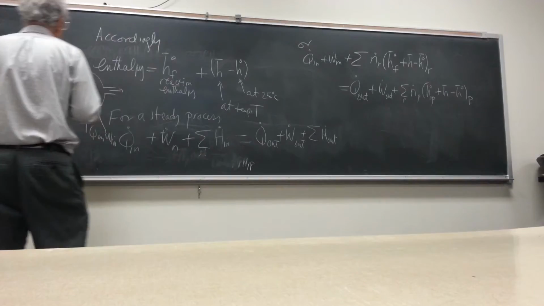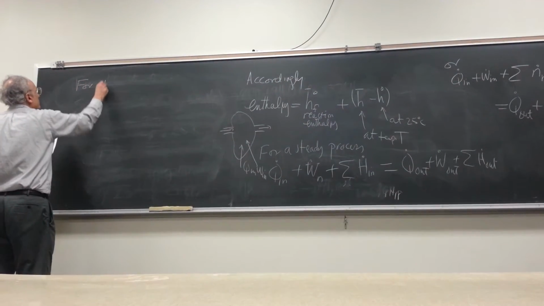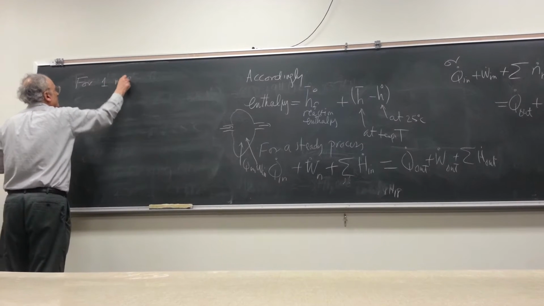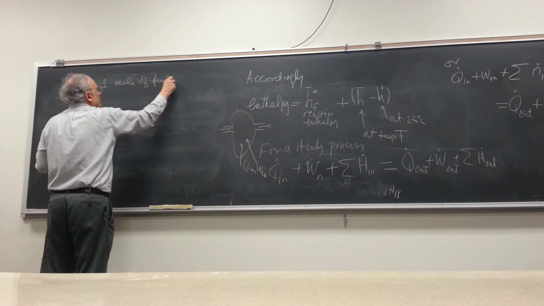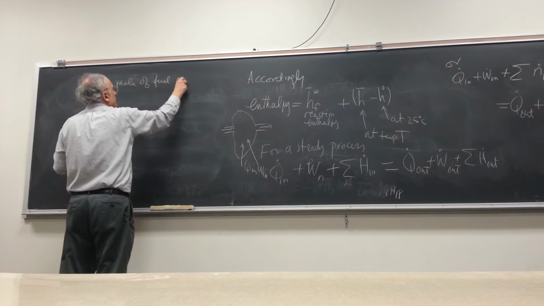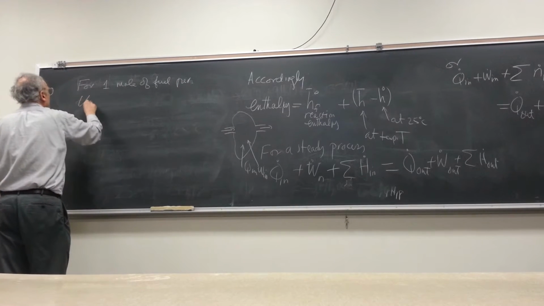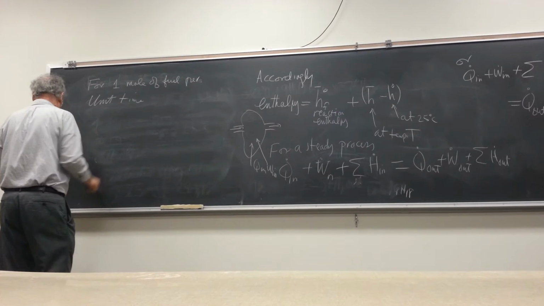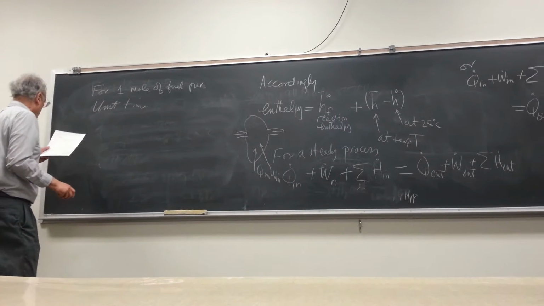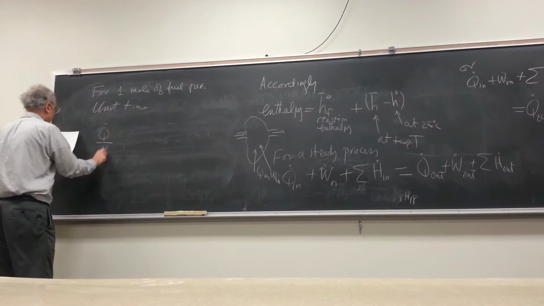For 1 mole of fuel, you can write it like this, per unit time. All we have to do is put down Q dot over N.